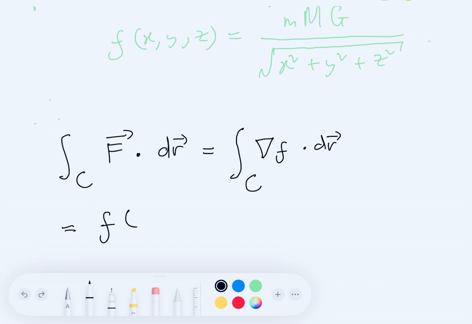Remember, we're given 2 points. This vector field pushes the particle along this smooth curve C from point (3, 4, 12) to point (2, 2, 0). We don't have the parametrization for this curve C, but we do have the actual spatial points, and we do have the function f that we need.